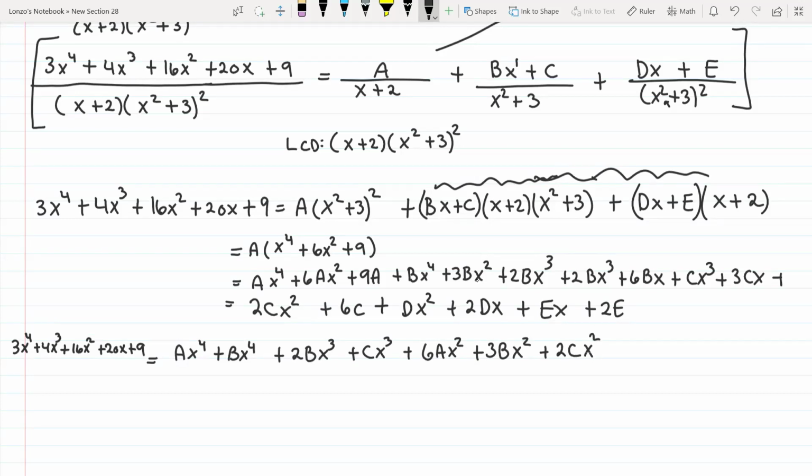And then you're left with 6bx plus 3cx plus 2dx plus ex, plus 6e and 2e.